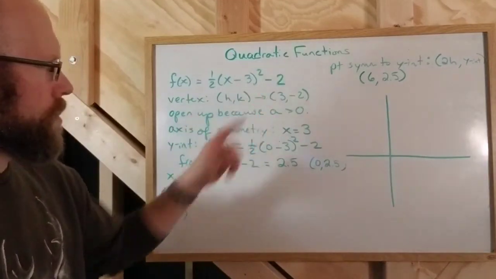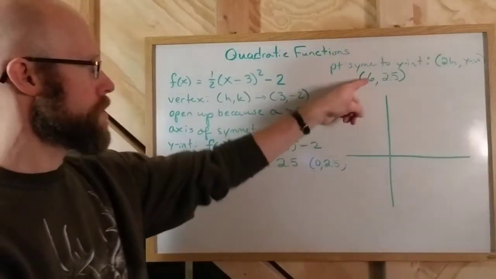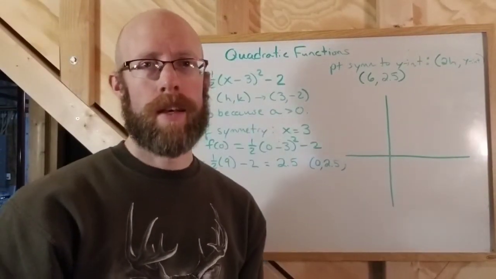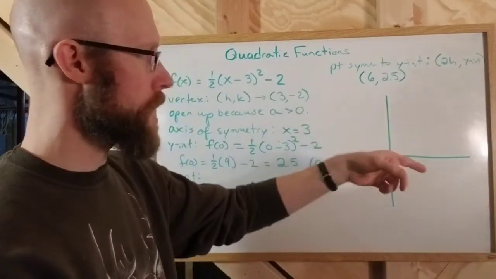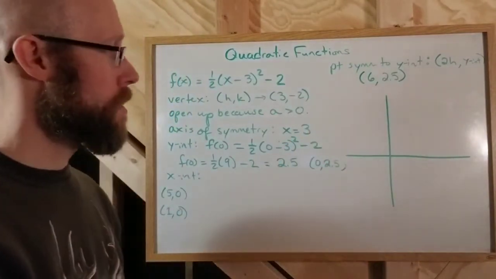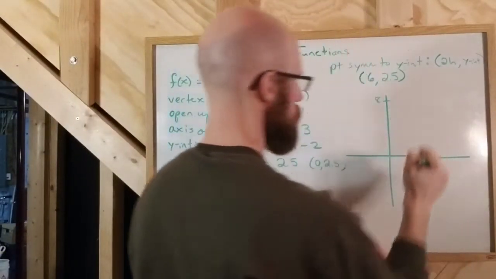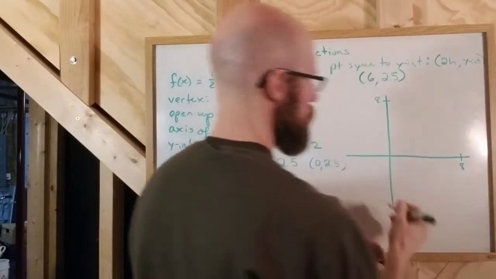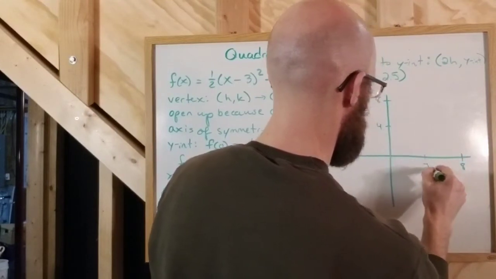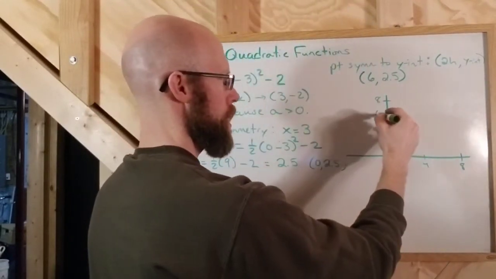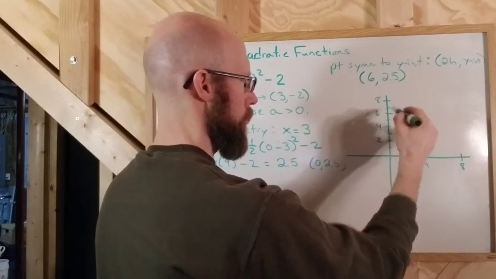I know the vertex is at (3, -2), and as I look at all these numbers, the largest number is the 6 that I'm going to have to plot. So maybe in the positive direction, I just go to 8 to make sure that I can hit everything and give myself a little bit of space. So we'll hit 8 up there, and 8 over there, and then we'll just cut those down. There's 4, and there's 4, cut it in half. Half of that is 6, half of that is 2, and then half, half, half, and half.